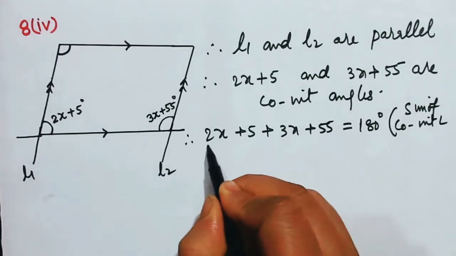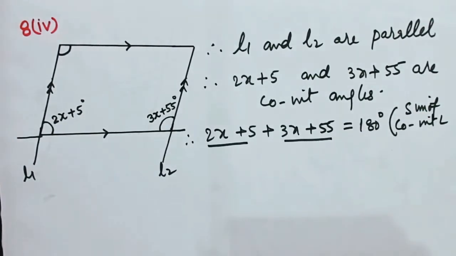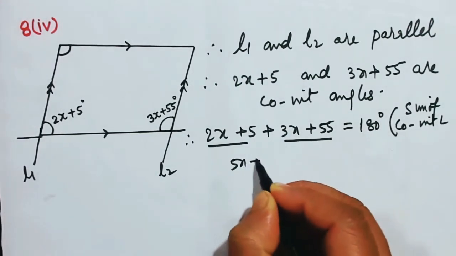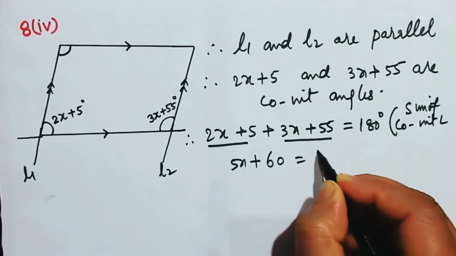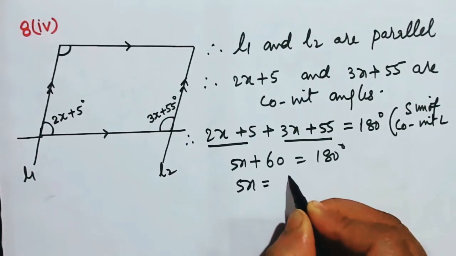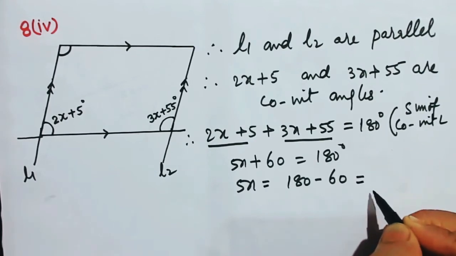Therefore, the sum of these two co-interior angles will be equal to 180 degree. So let's add 2x plus 3x, which is 5x plus 60 is equal to 180. 5x is equal to 180 minus 60, which is how much?